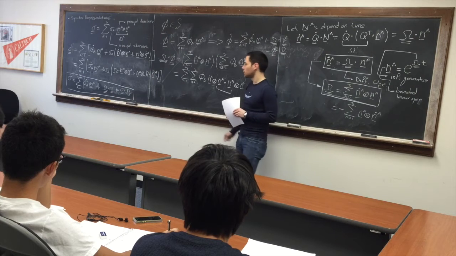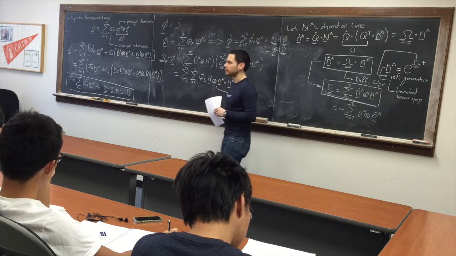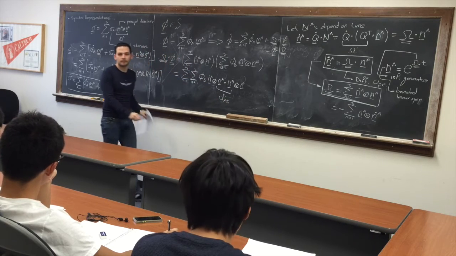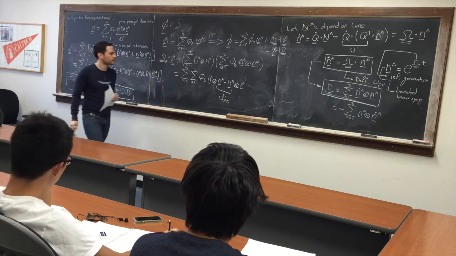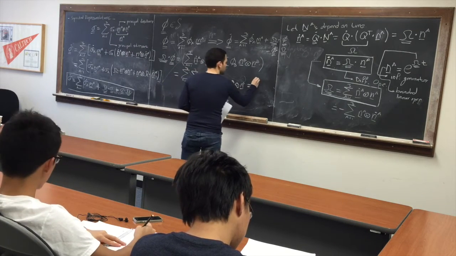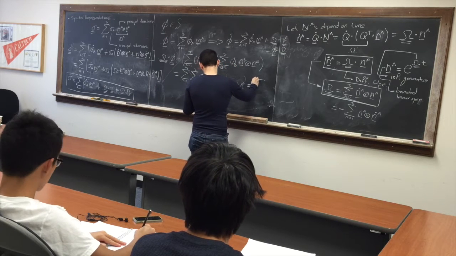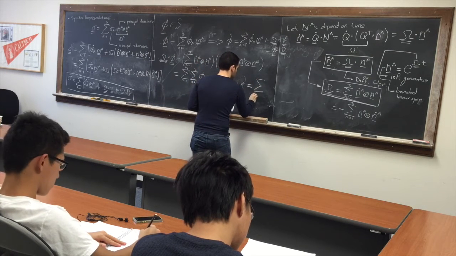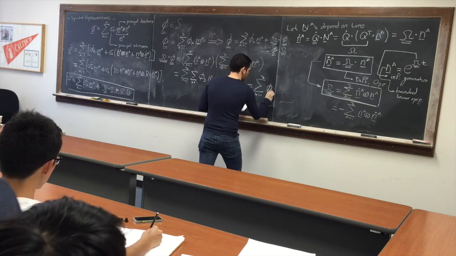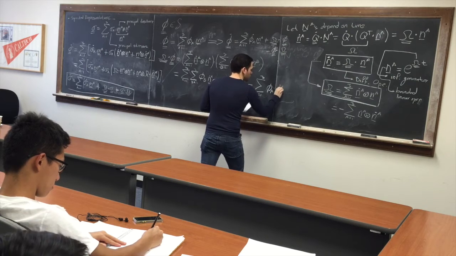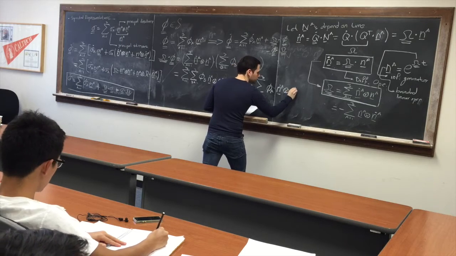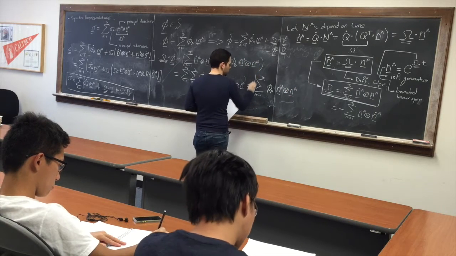So what is this? Delta AB. This is delta AB. Right. So this is nothing but 3. Right.